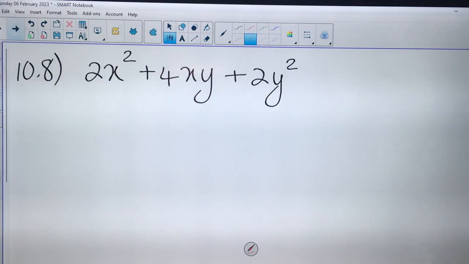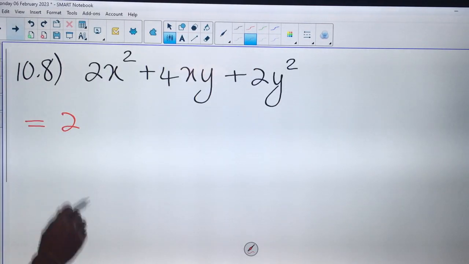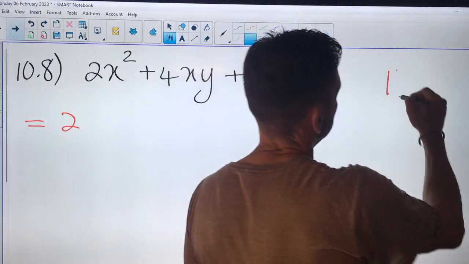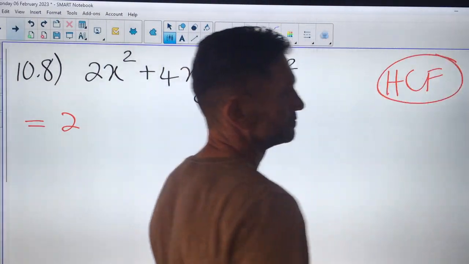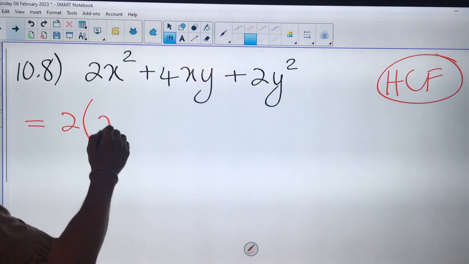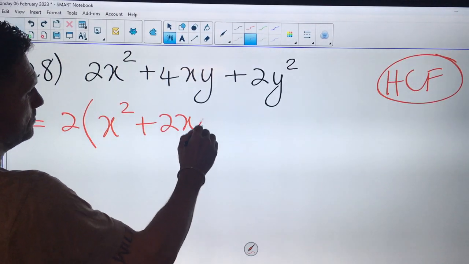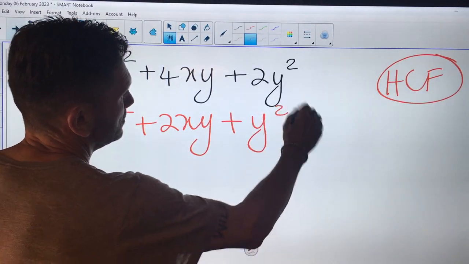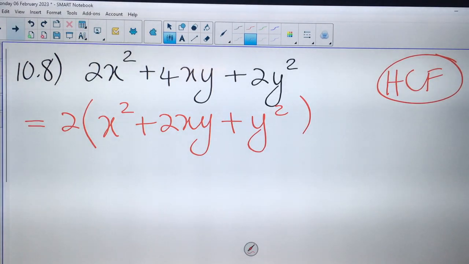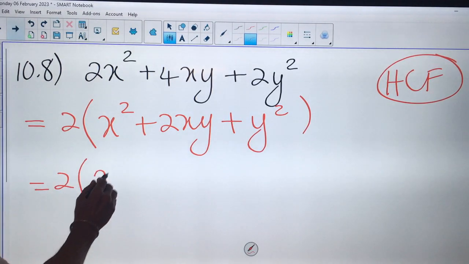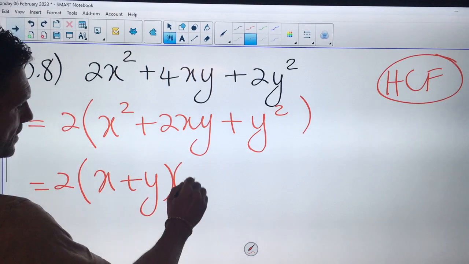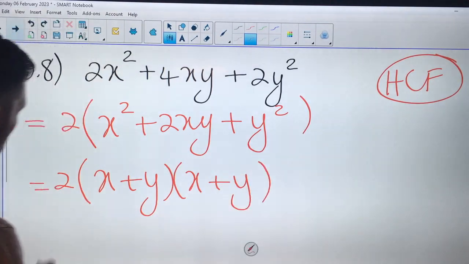I think that was the last one. Oh, here's another one. And with this one, highest common factor. So the highest common factor is 2, and then we are left with x squared plus 2xy plus y squared. So this is going to be, can only be x plus y and x plus y.